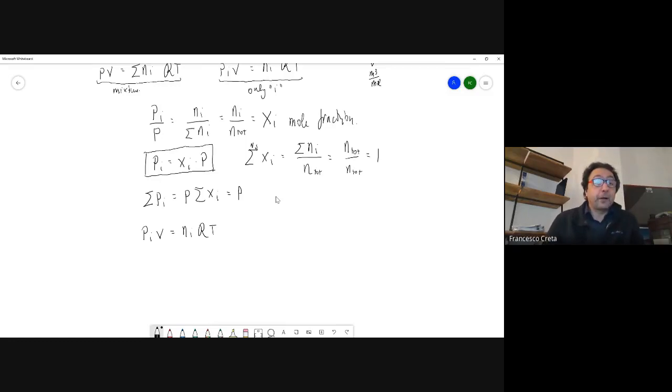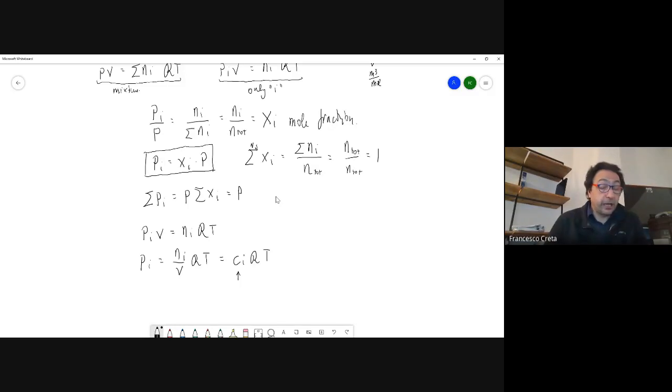You can divide by volume. And now what you have is what we call a molar concentration, which we call C. So this is the concentration in terms of moles.